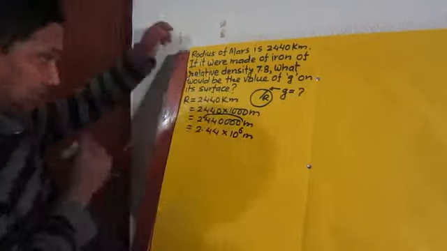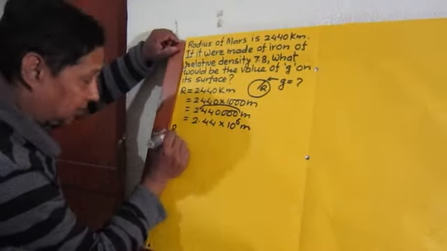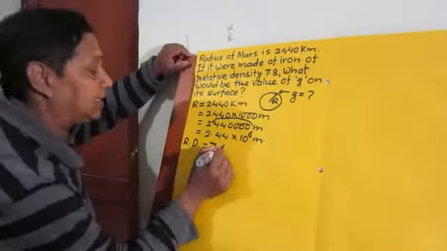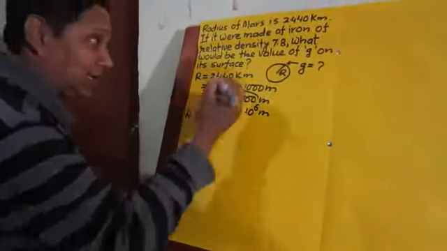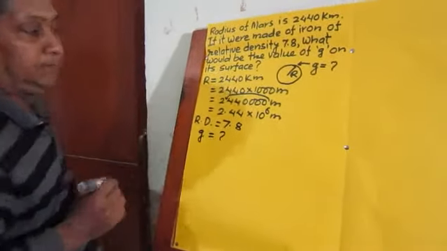This is the radius. Now relative density is given. Relative density is equal to 7.8. We are later converting it into density in SI system. G is the question.